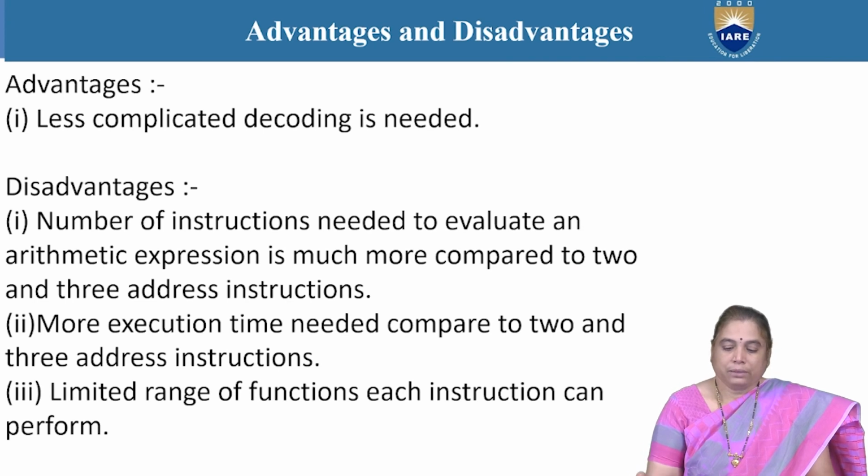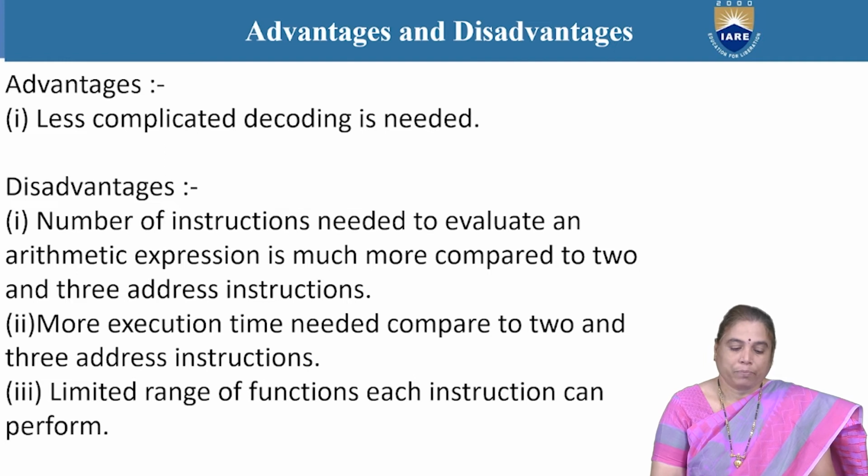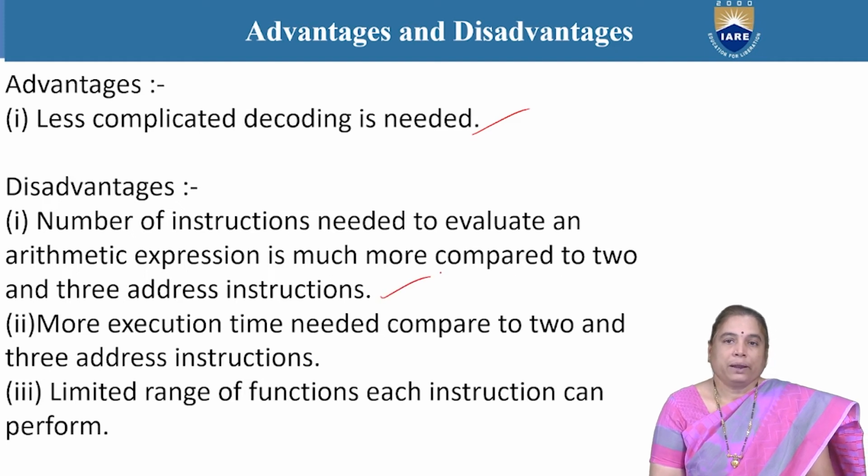Now the advantages and disadvantages of this type of instruction format. Less complicated decoding is required. Only one address is specified explicitly. The disadvantage is that the number of instructions needed to evaluate an arithmetic expression is more compared to two and three address instructions. Each operand can be fetched separately.